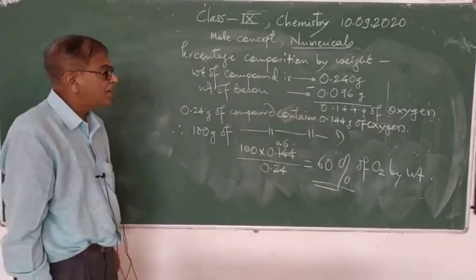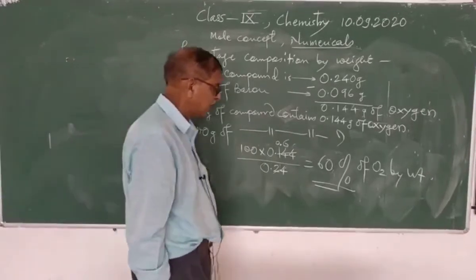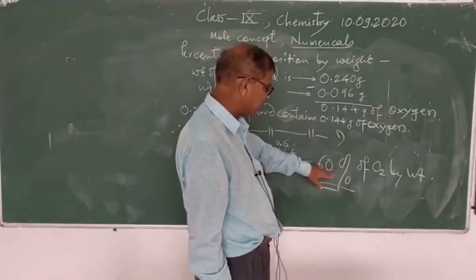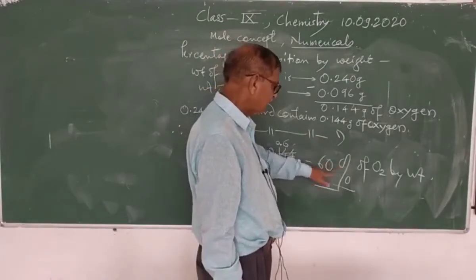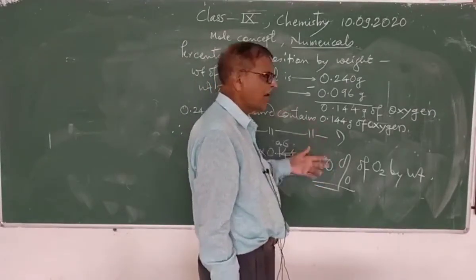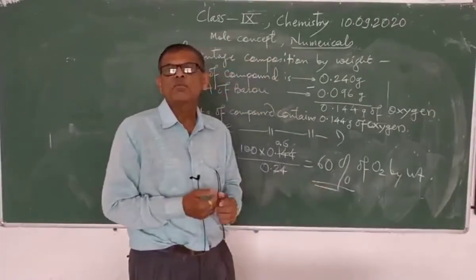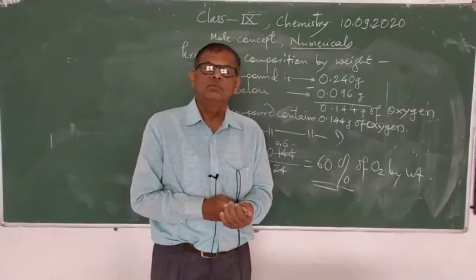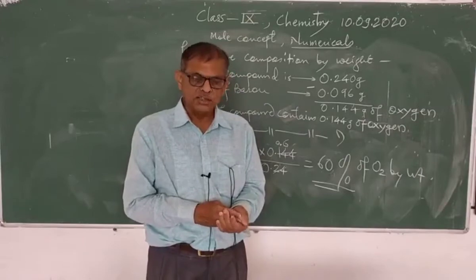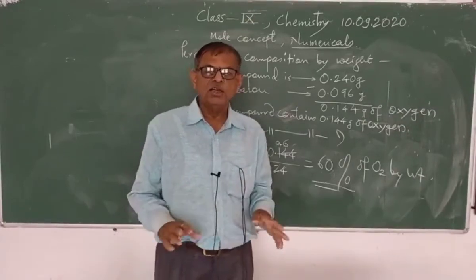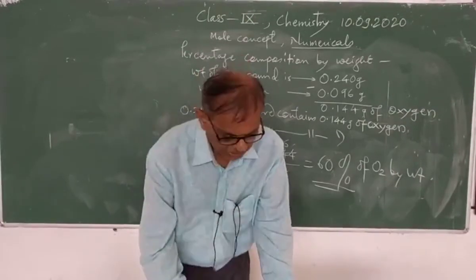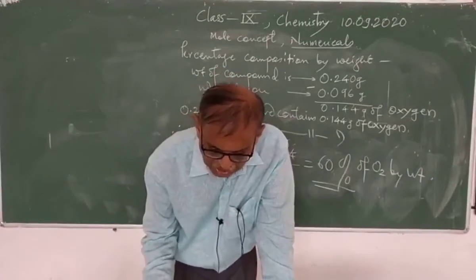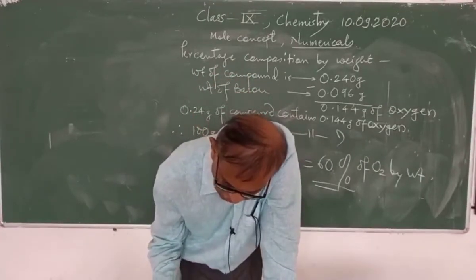That means 100 gram of boron oxide will contain 60 gram of oxygen and 40 gram of boron. So in this way we can find out the percentage composition of the compound.